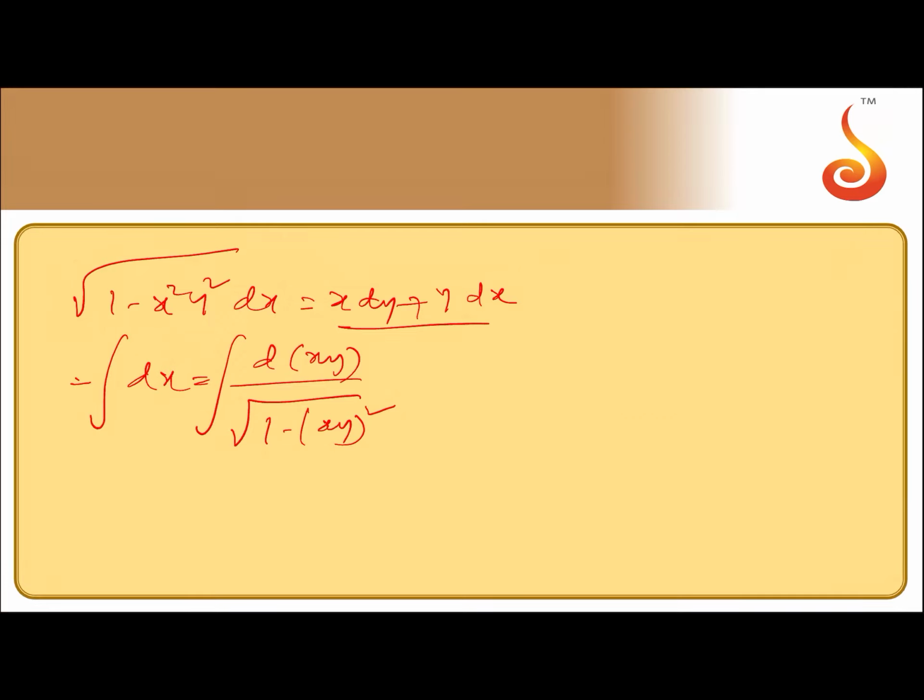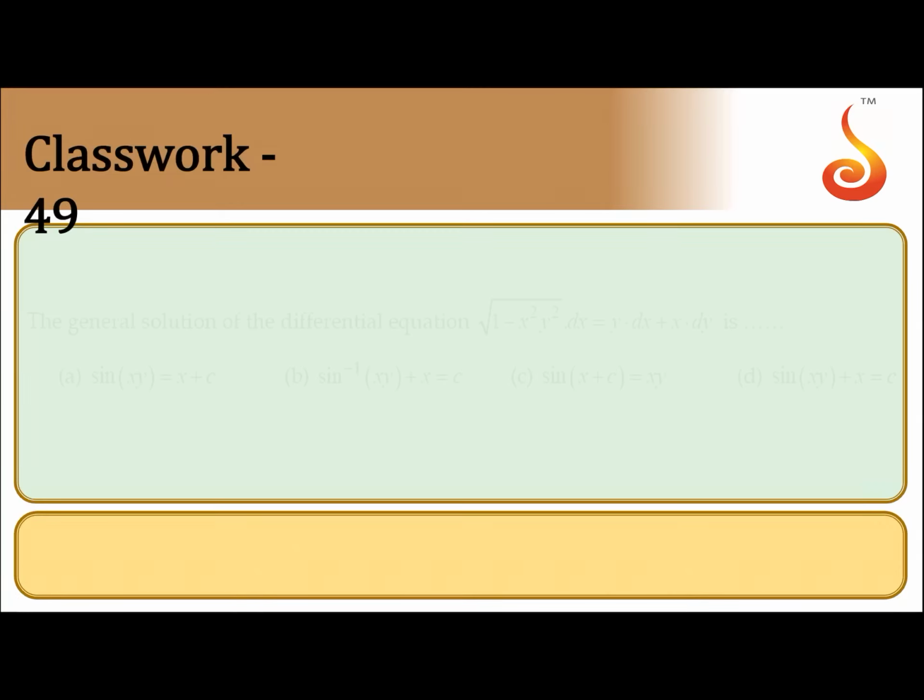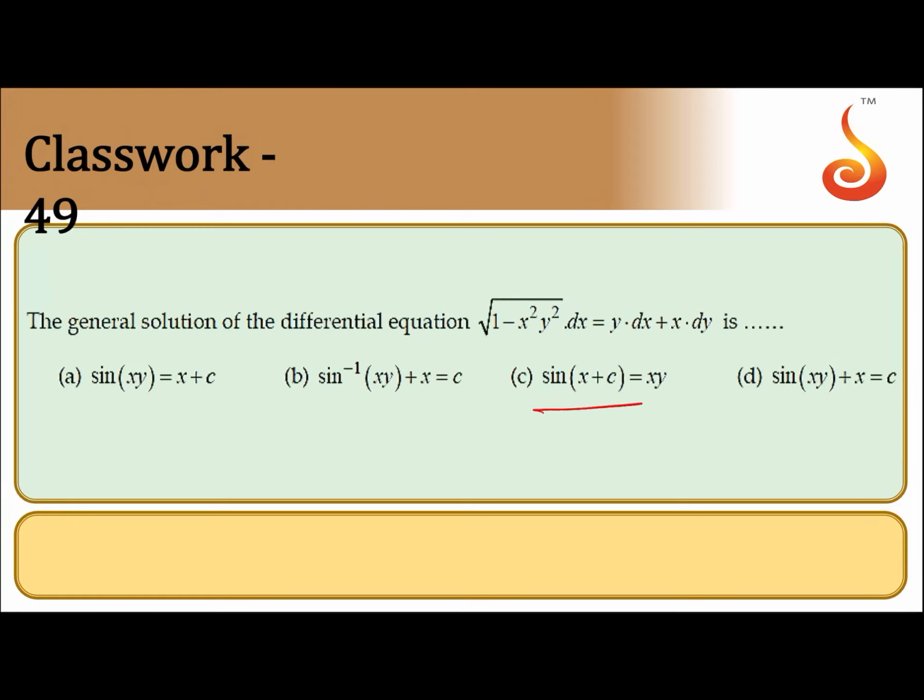Variables have been separated, so integrate and add a constant. So x plus c is equal to sine inverse of xy, or sine of x plus c is equal to xy. So the answer is sine of x plus c is equal to xy.